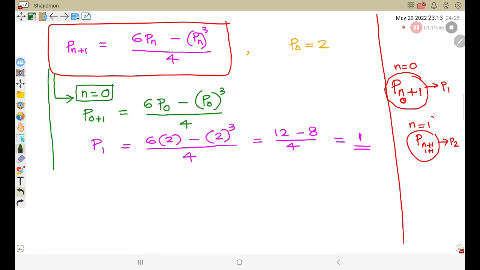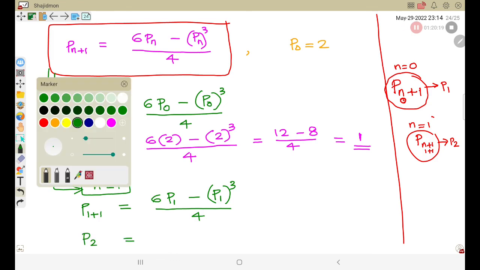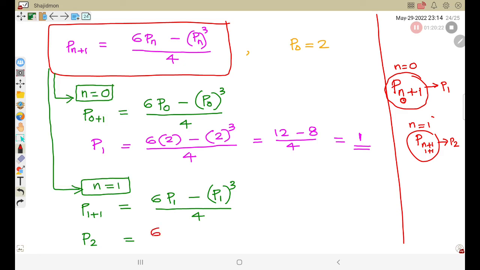Now in the same equation, you just substitute n equal to 1. You will get P2. So n equal to 1 means P1 plus 1, that is P2, equals 6 times P1 minus P1 power 3, divided by 4.